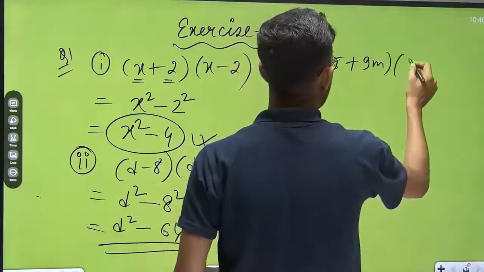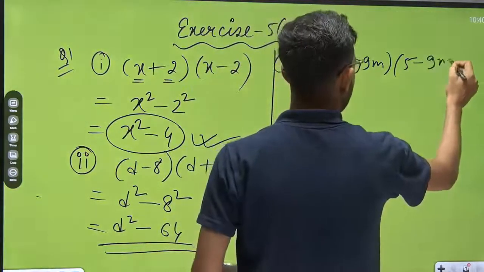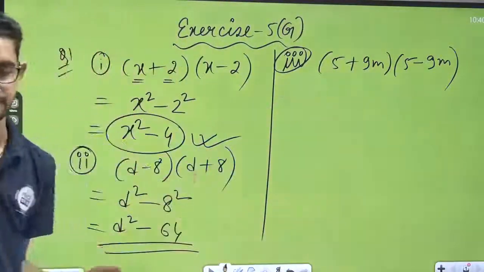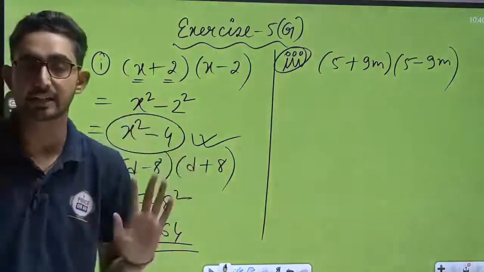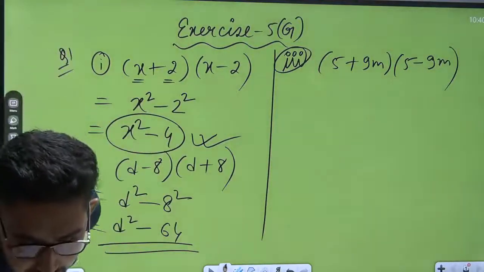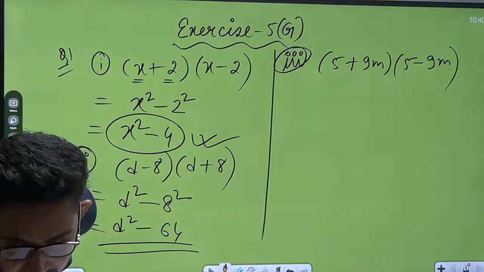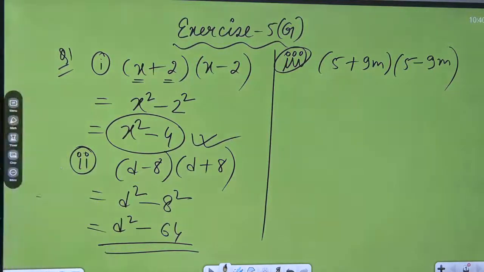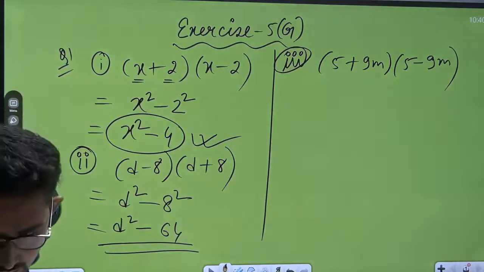Third part, that is 5 plus 9m and 5 minus 9m. Okay, now tell me students, what is the answer of this question? Write down in chat option. Whatever answer will come, you have to write down in chat option. Very easy question. Okay? Tell me what is the answer fast.